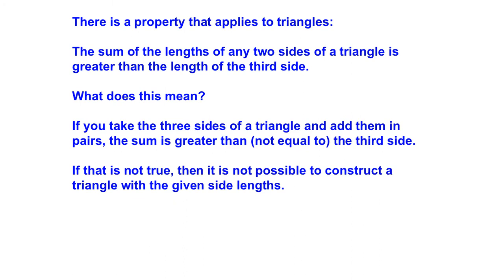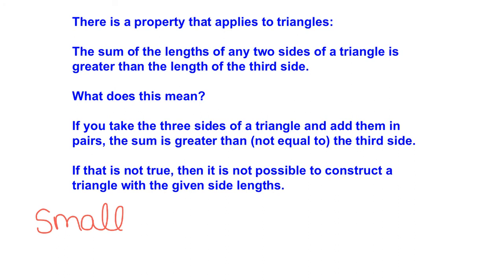But we're also going to have to look at the sides. And we're going to use a property, and I'm going to sum it up just a little bit differently for you. If I give you 3 sides and ask you if it makes a triangle, I want you to take the 2 smallest sides, all right?